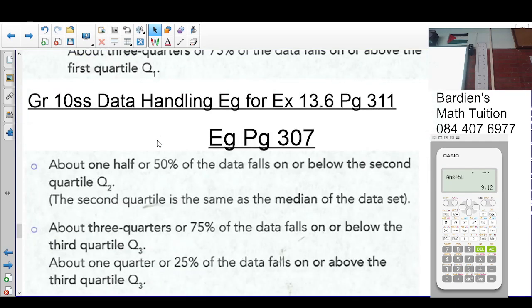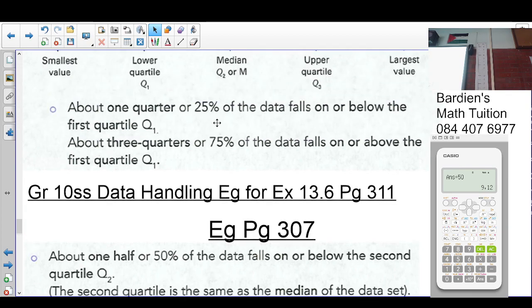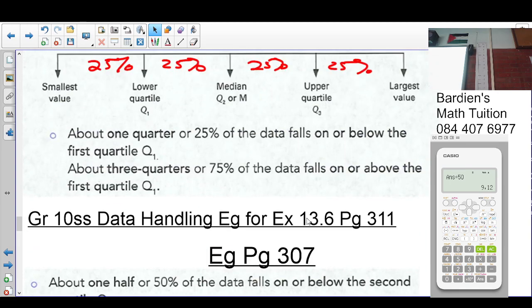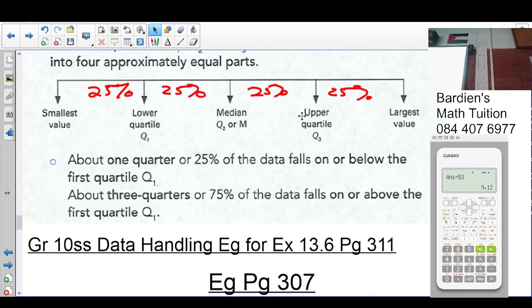Just carry on here. About half or 50% of the data falls on or below the second quartile. We know that already. And about 3/4 or 75% falls on or below quartile 3, and 25% is above quartile 3. So that is fairly simple. If you're going in this direction, that's 25, 25.